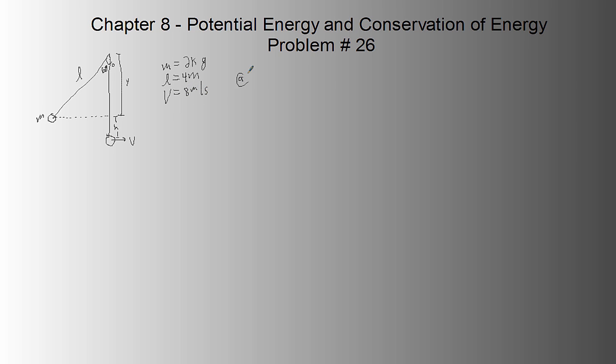Part A, we need to find the speed when the string is 60 degrees. Actually, this arrow's in the wrong way. V goes up that way. So we need to find the speed when it reaches 60 degrees with the vertical.